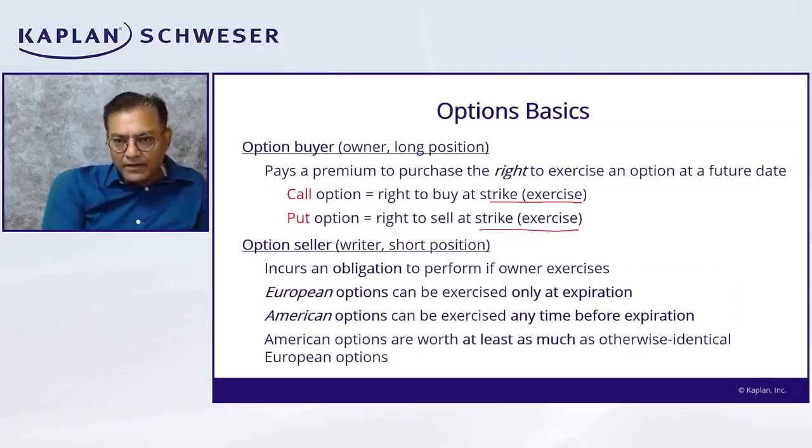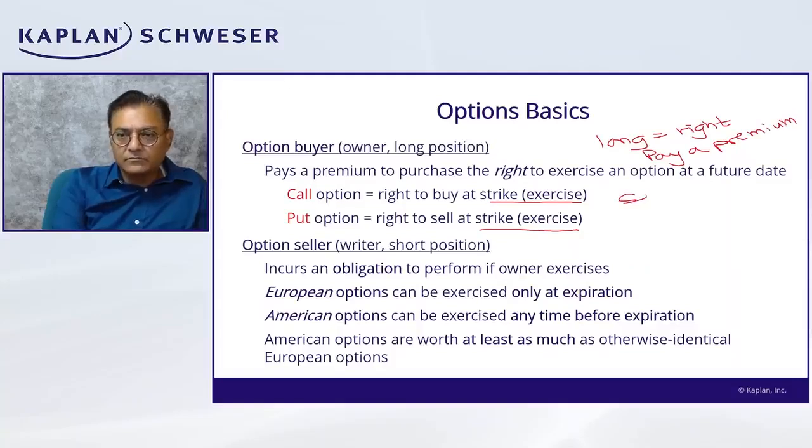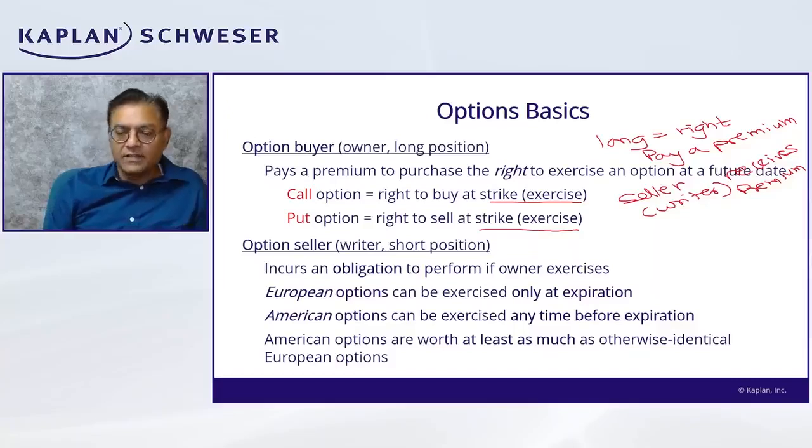Now, the buyer or long party has the option, meaning has the right. And to acquire their right, they pay an option premium upfront to the writer of the option, or the seller. So the writer or seller receives the premium upfront, but they are obligated to honor the exercise of the option by the long, should the long exercise it.